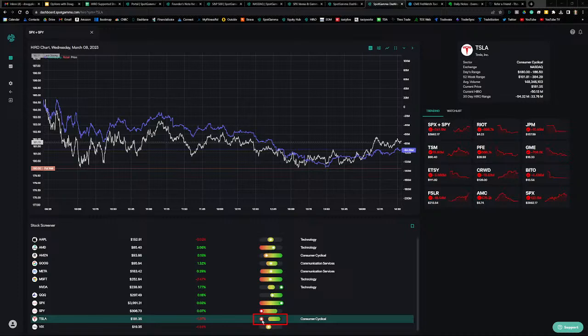So the Hero signal for Tesla is weaker than it has been, as weak as it has been in the last 30 days, and weaker than in the last 5 days. And up until, let's say 1:30, 2 o'clock, it has been generally trending down. Let's zoom in here.